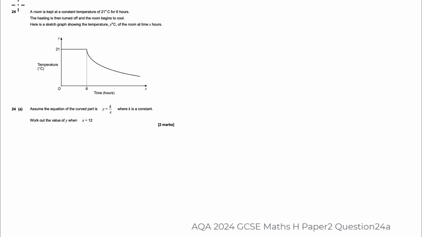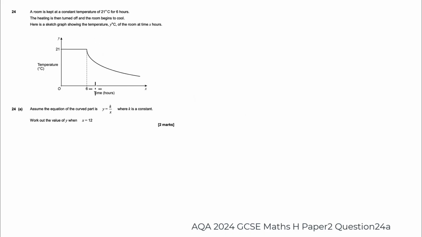Well, here's question 24. And we're told that a room is kept at a constant temperature of 21 degrees for 6 hours. Now there's the time in hours, so from 0 up to 6 hours after we started, there's the temperature constantly 21 degrees. Then the heating's turned off, and of course the room begins to cool.